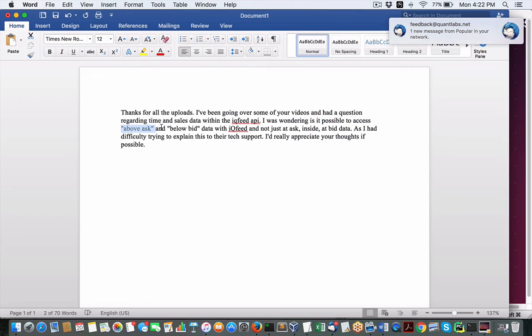That might be a really handy way of doing it for those, shall we say, poor people that can't afford that kind of data, which would be very expensive to access and might only be able to be captured right from the exchange. But this is probably the easiest, simplest and cheapest way to do it, using IQFeed.